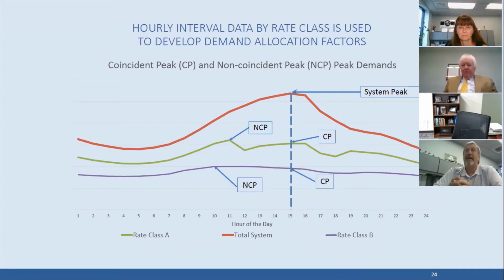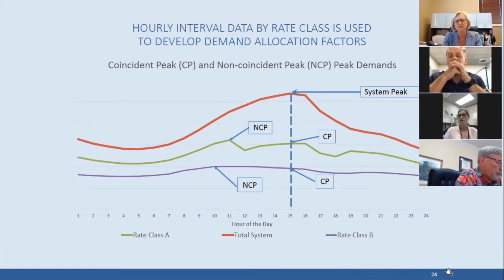And at that hour, the demands from rate class A and rate class B are shown there, and the CP is the coincident peak. So the coincident peak is what every class contributed to the system peak at that hour.